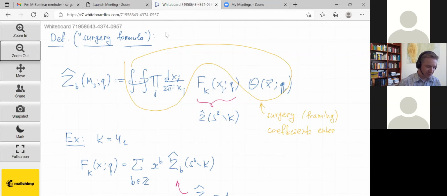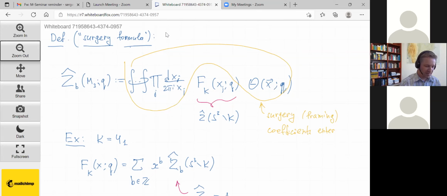Z hat_2 is 0. Z hat_5 is equal to 1 over q plus 3 plus q. Z hat_7, yeah, I am sure you can write many of them, but it does not explain anything. What is Z hat of S^3 minus K?